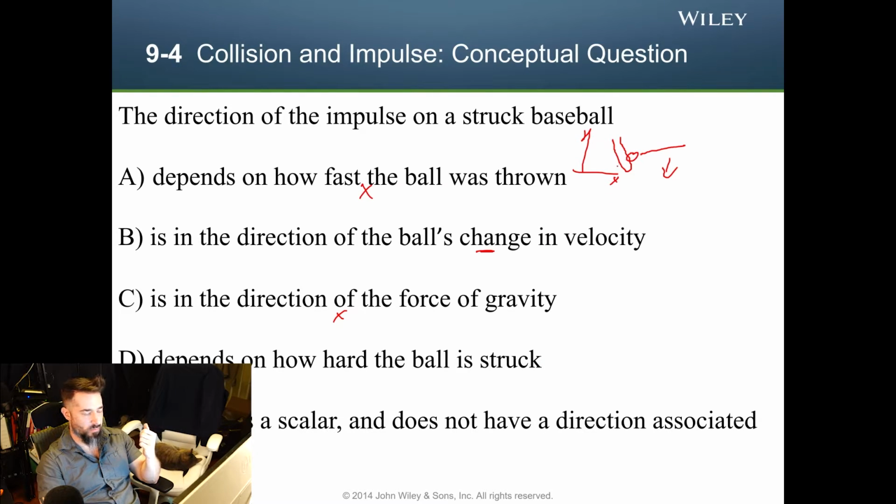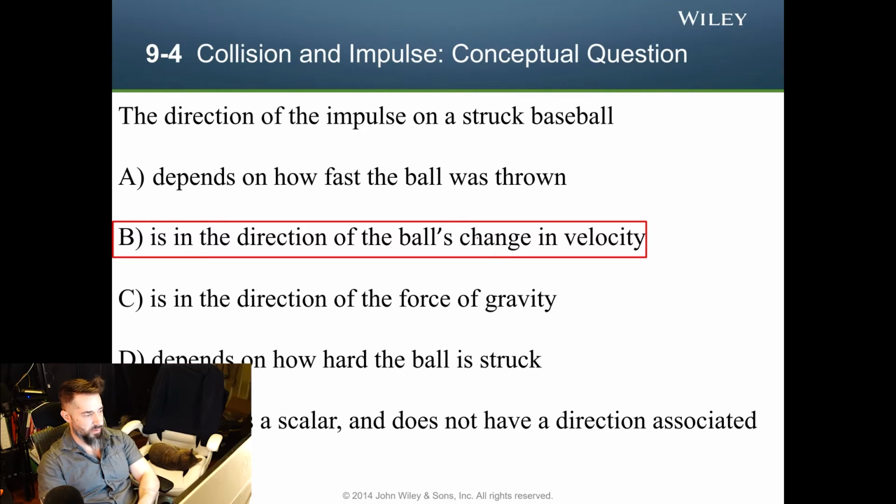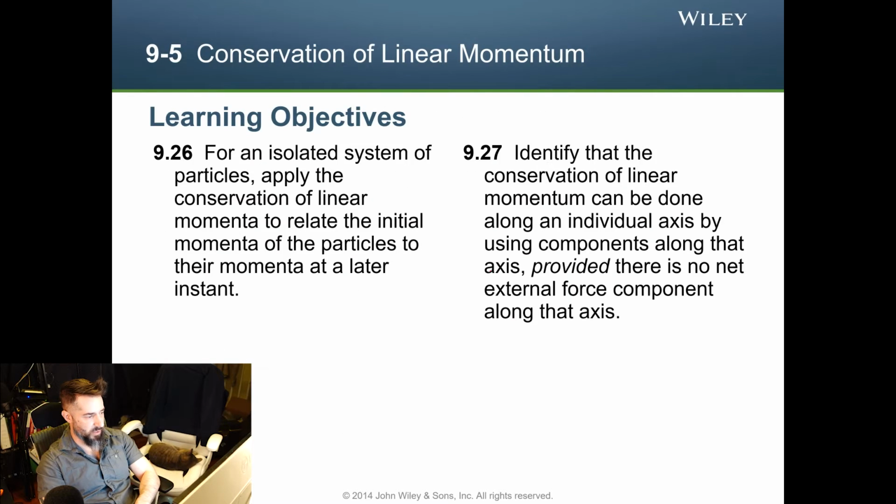Again, if it's struck with any amount of force at all, it's going to be moving in the x direction, so this is irrelevant. It's going to have some impulse. Impulse is a scalar and does not have a direction associated with it. This is just wrong. It has a force in it, so it's not a scalar, it's a vector. So this is also wrong. So this one, again, didn't have any problem with it, so it must be correct. And then it's B.